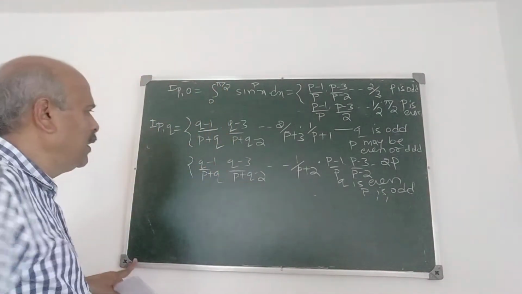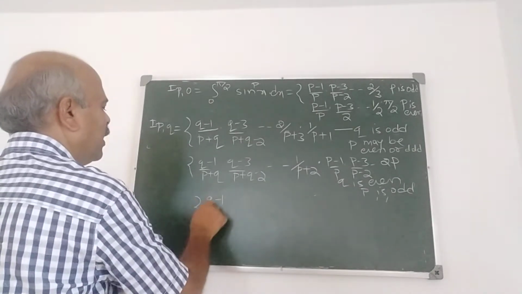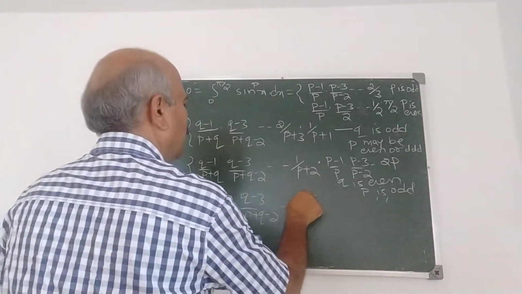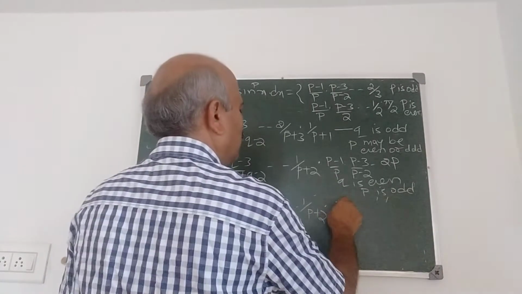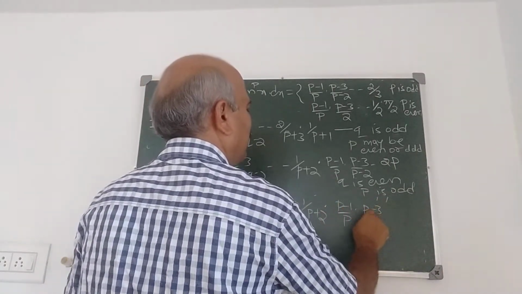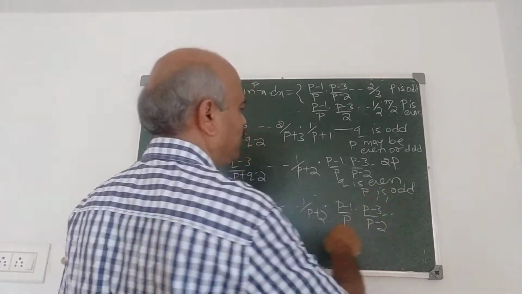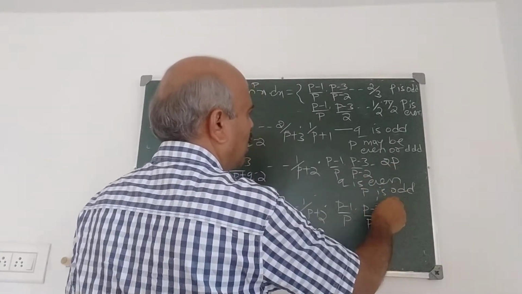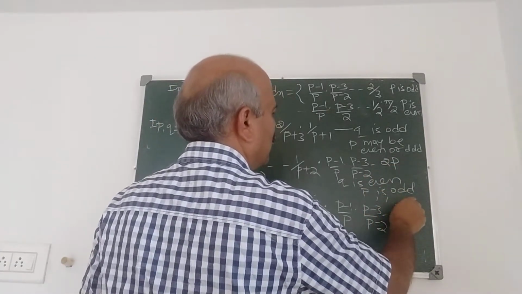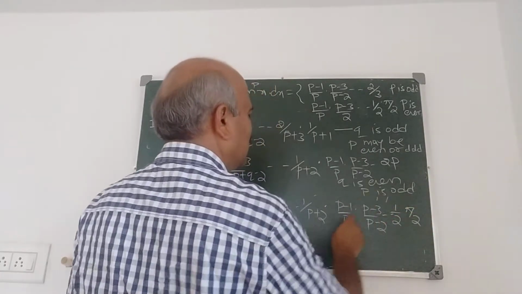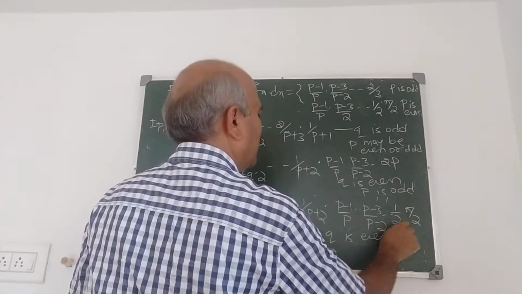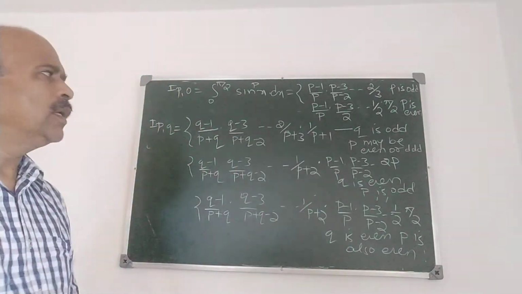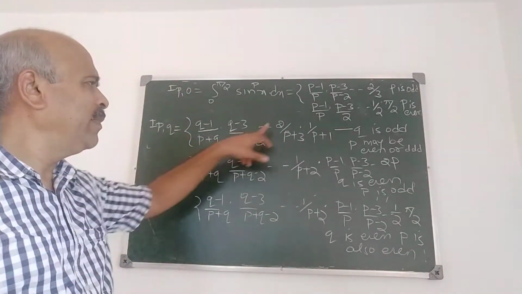It is also the same as I_{p,q} is q minus 1 by p plus q, q minus 3 by p plus q minus 2, into 1 upon p plus 2, into p minus 1 by p, p minus 3 by p minus 2, etc. What is the last factor? 1 by 2, pi by 2. This is when q is even, p is also even.